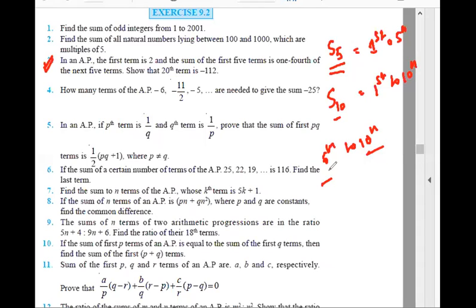Tell me. That is the hint. Subtract. Very good, Prahlad. Because this is 1 to 10 and this is 1 to 5, so from 6 to 10 it will be S10 minus S5. Yes or no? Agree? Think about it.